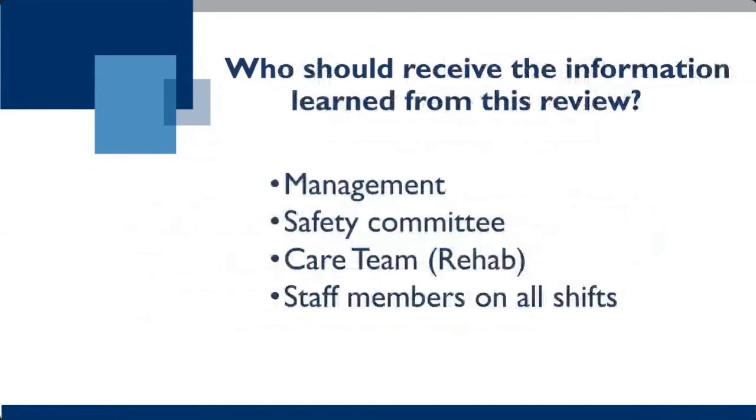So once we determine what information we gathered and what our thought process is as far as any changes in policies or procedures or any care plan changes or anything like that, then who do we need to share that with? Who gets this information? Okay, well, obviously management is going to get the information, and what level of management is going to be determined by your individual organization, what your policies are there, and who needs to be involved as a decision maker.